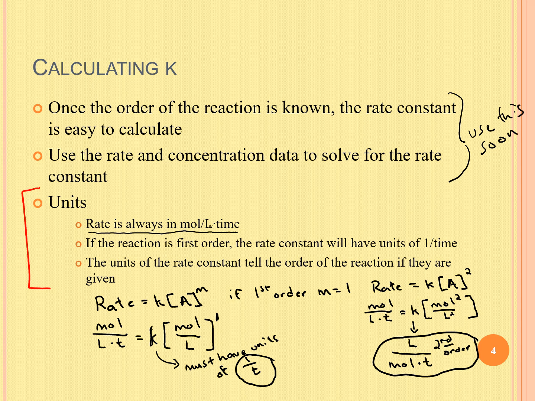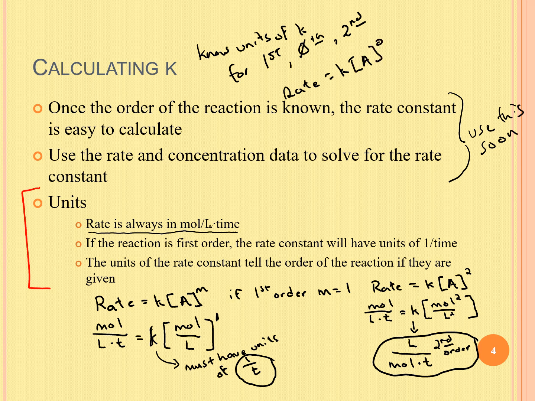I need you to know the units of K for first order, what we call 0th order, and second order. All right, well, 0th order would be where we had rate is equal to K times A to the 0 power.